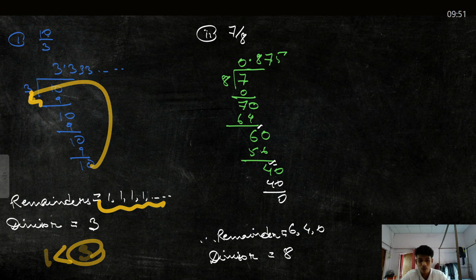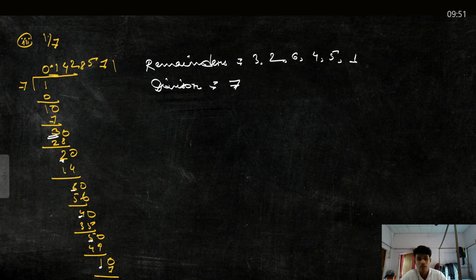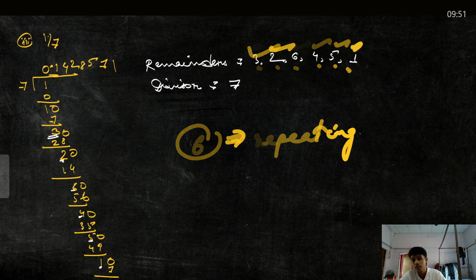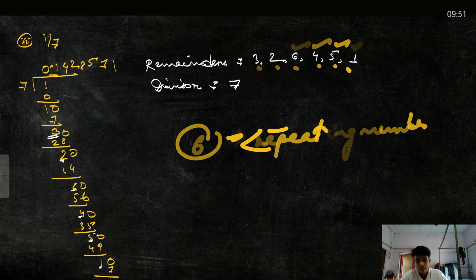Now in case of 1 by 7, the divisor is 7, and the repeating remainders are 3, 2, 6, 4, 5 and 1. 1, 2, 3, 4, 5, 6. There are 6 repeating numbers, which is less than 7.